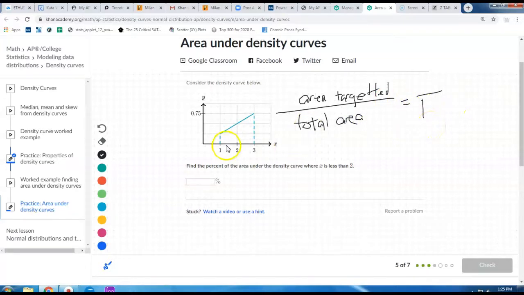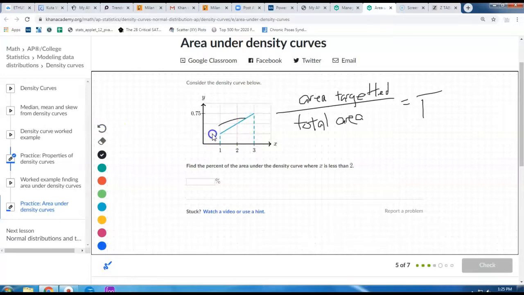Your job is to find what percent of the area is less than 2. So out of this whole shape here, we're basically finding what percentage of it is right there. It's kind of like a geometry problem, really. You want to find the area of the whole thing, but that's going to be 1 every time. So really what I want to do is just find this.